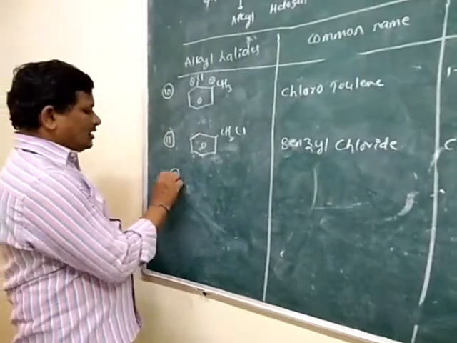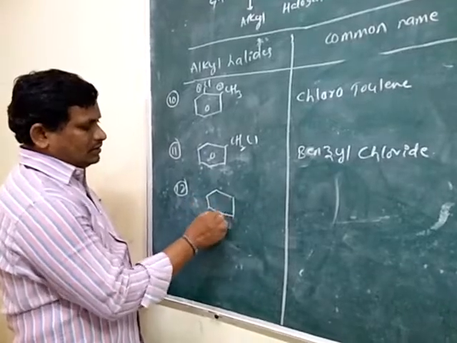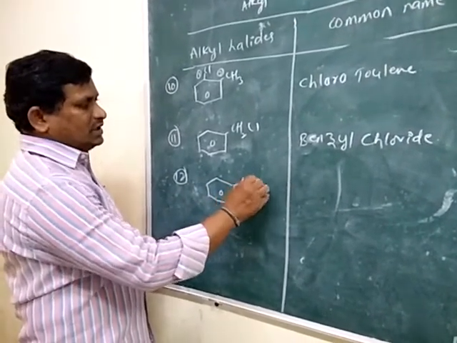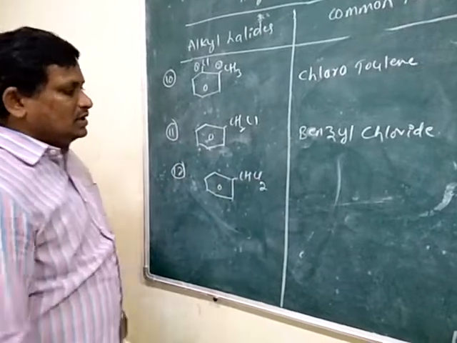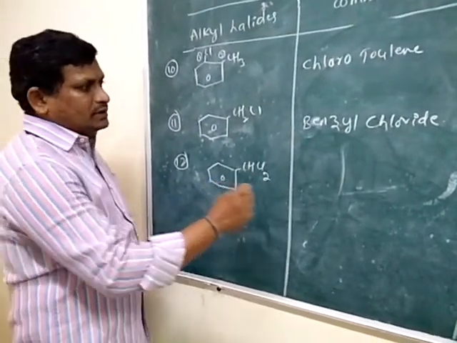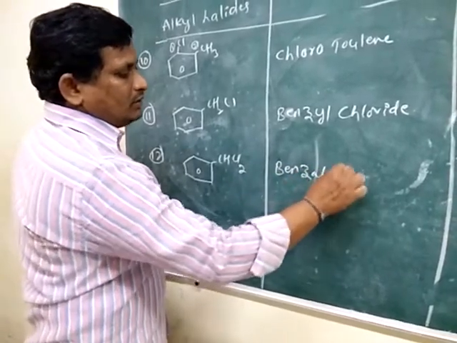Then the 12th compound is a benzene ring with CHCl2. Two chlorines are present on the side chain carbon. So it is benzal chloride.